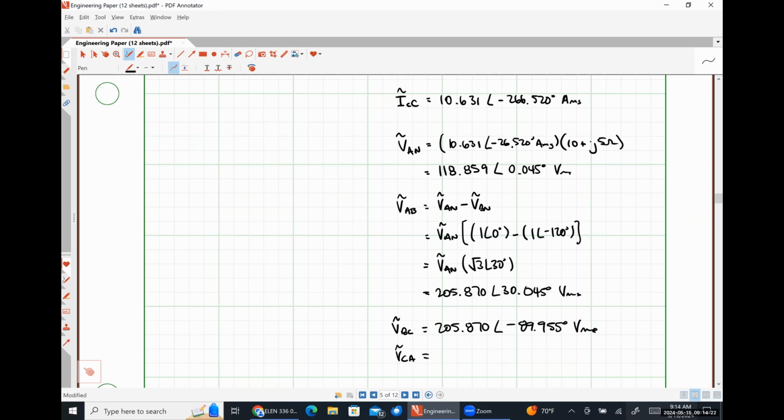How am I going to solve for VCA? Keep the magnitude the same, subtract 120. Negative 209.955, if my mental math is correct. Is it 209 or 292? 209.